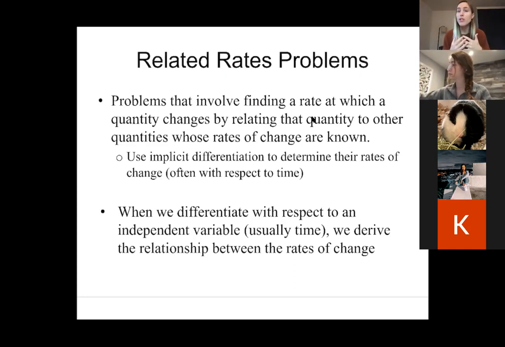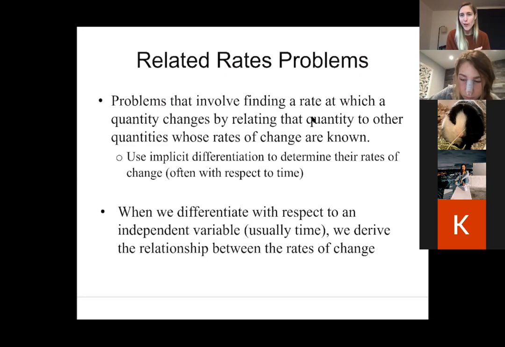So you have to know at least one rate usually. And then you're going to need to solve for a rate that is unknown and is related to the given rate.